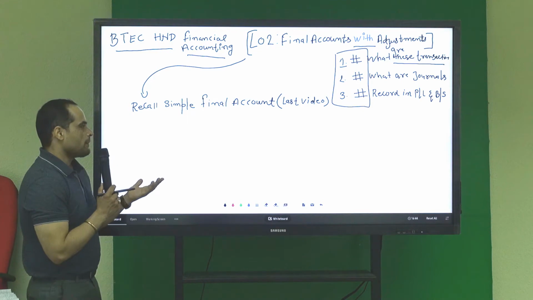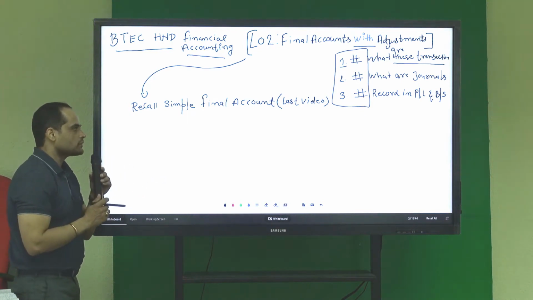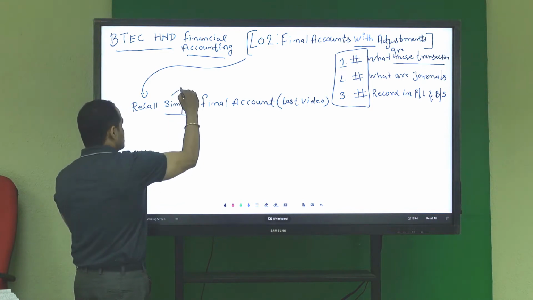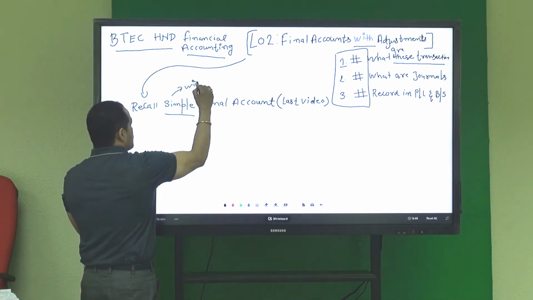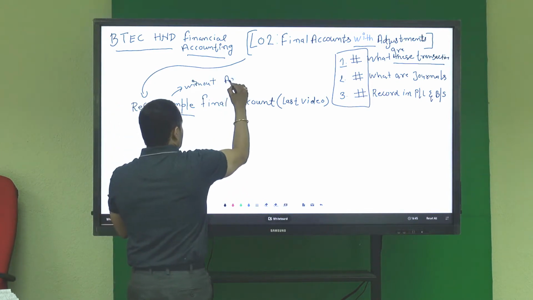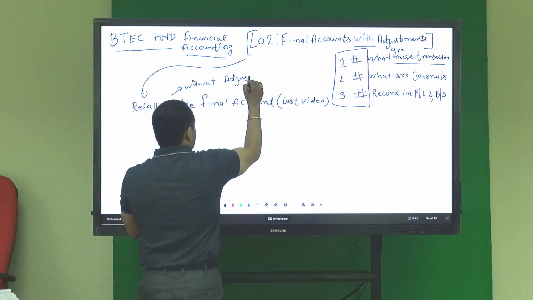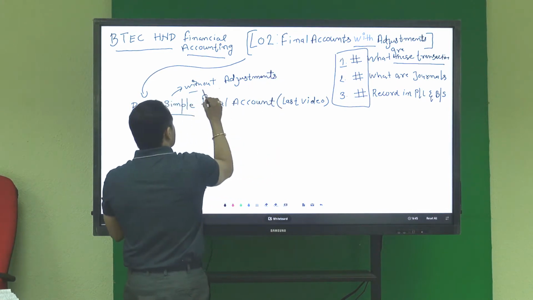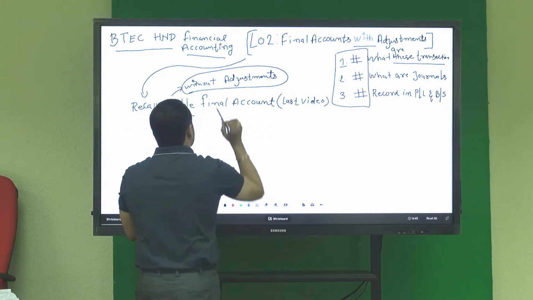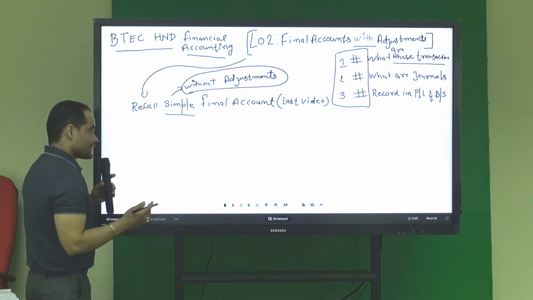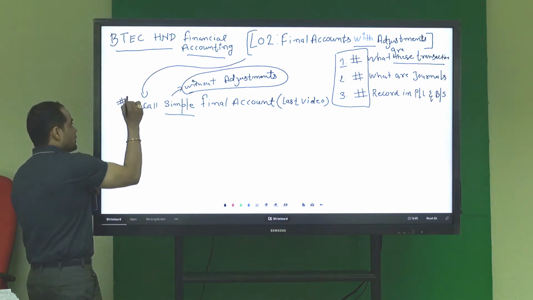We also learned about the accounting cycle, but it's simple, meaning without adjustments. That's the previous one.